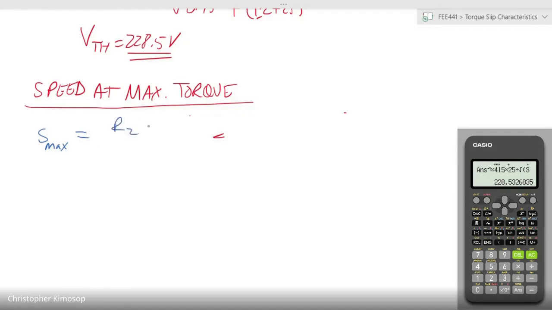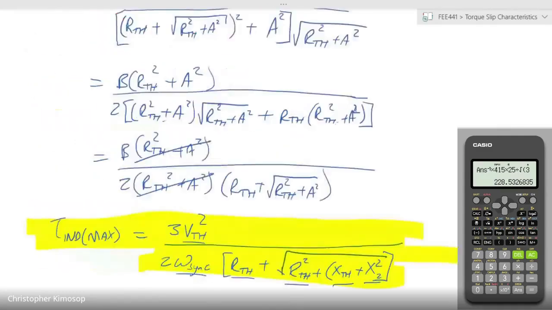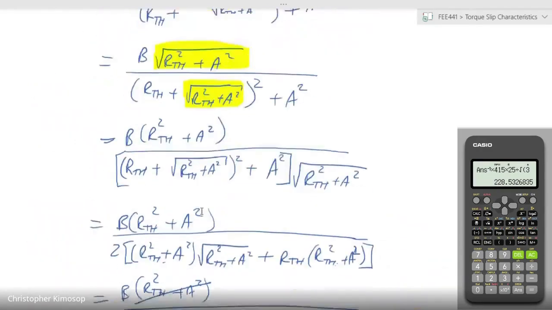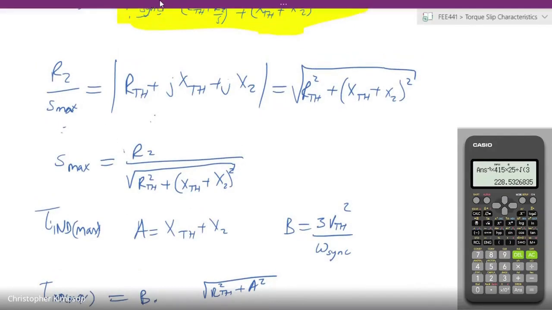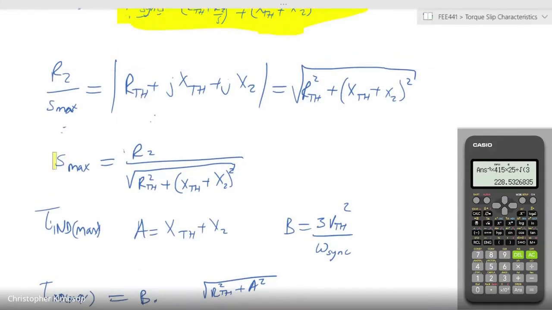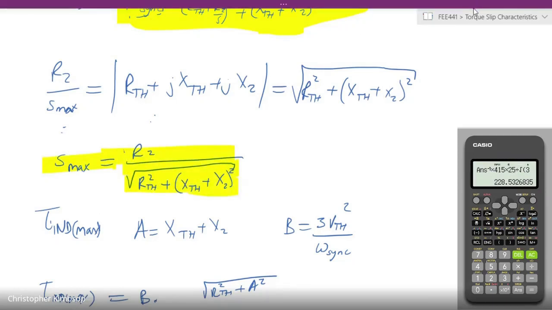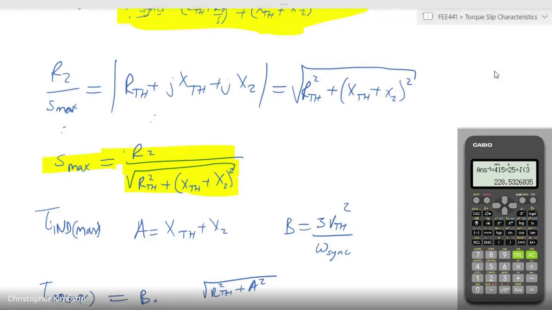The slip at maximum torque had been given by that particular configuration.